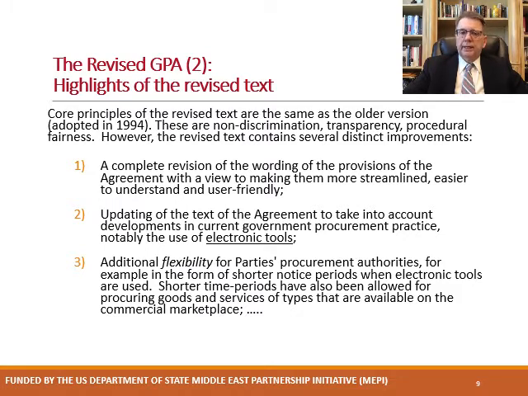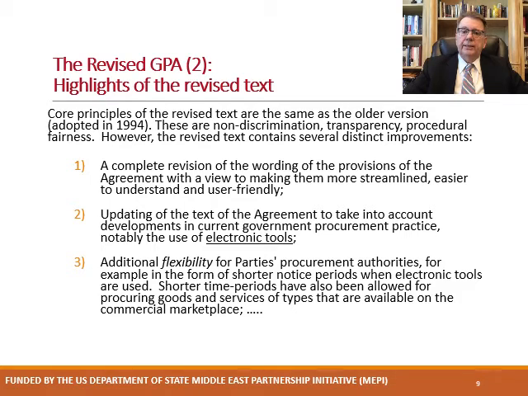However, the revised text nonetheless contains several distinct improvements. Firstly, there was a complete revision of the wording of the agreement with a view to making it more streamlined, easier to understand, more user-friendly, easier to implement by new parties to the agreement, and so forth.